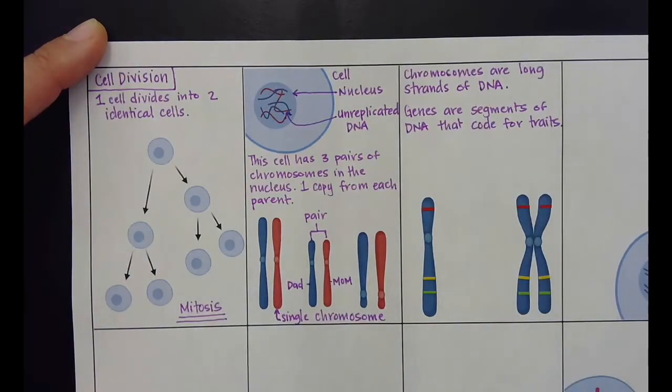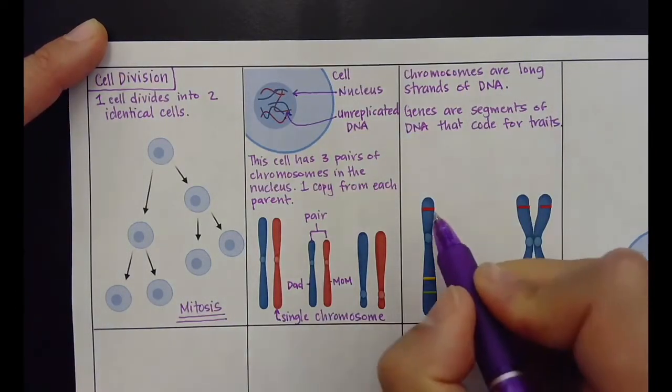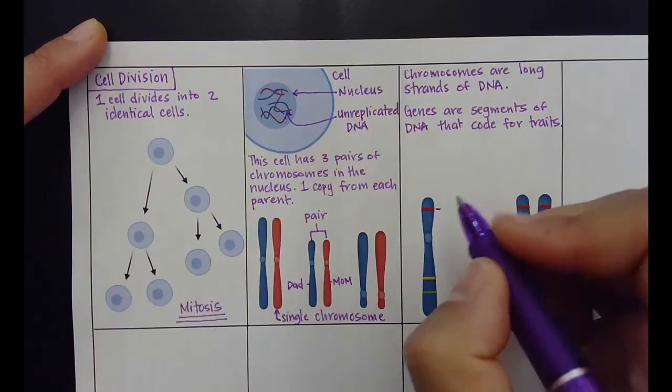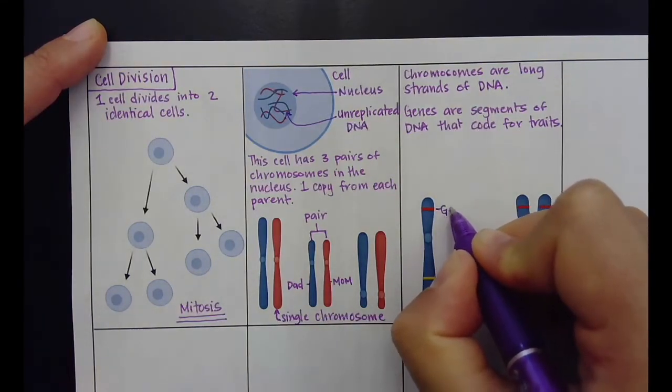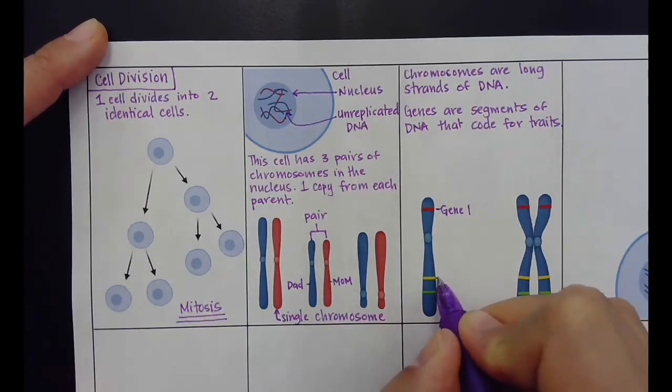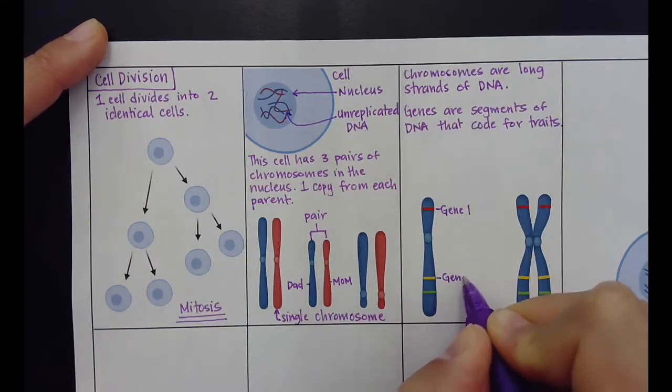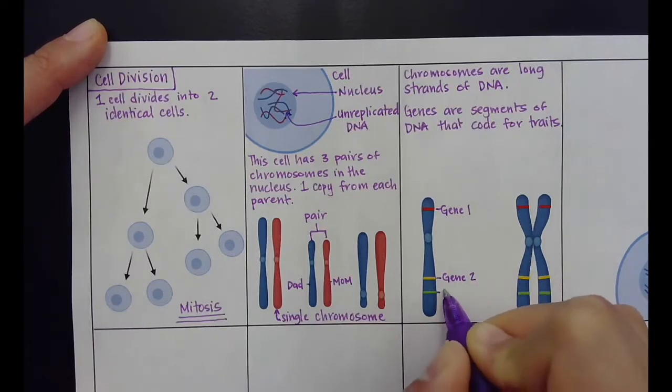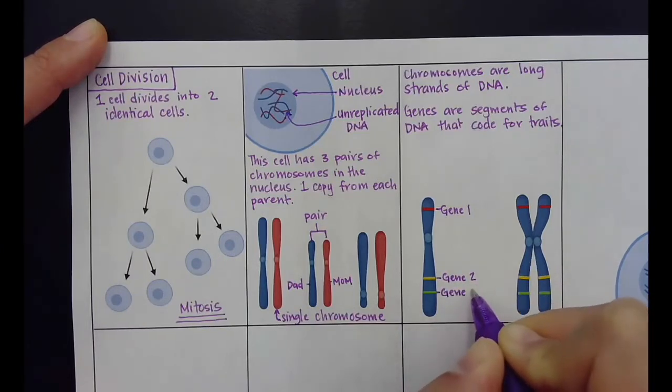So, for example, I have one gene here, so we could say that this is gene 1, and it's going to code for a specific trait, and then this is going to be gene 2, and this is going to be gene 3.